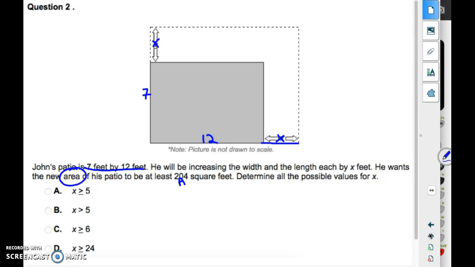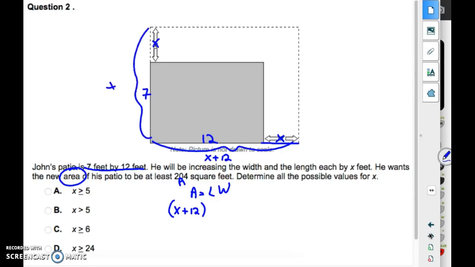Well, we have a rectangle, and I know for a rectangle, area is length times width or base times height. And when I look at this problem, our base, or our length, is x plus 12. So I've got x plus 12. And our width is x plus 7.